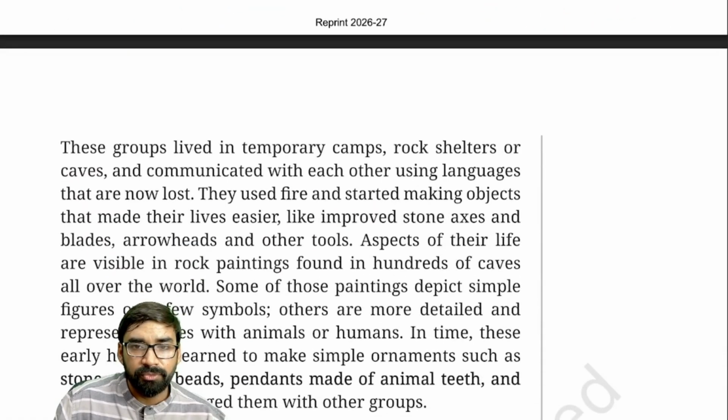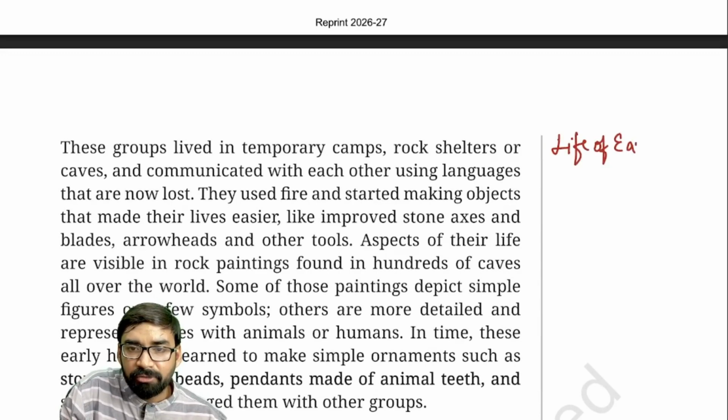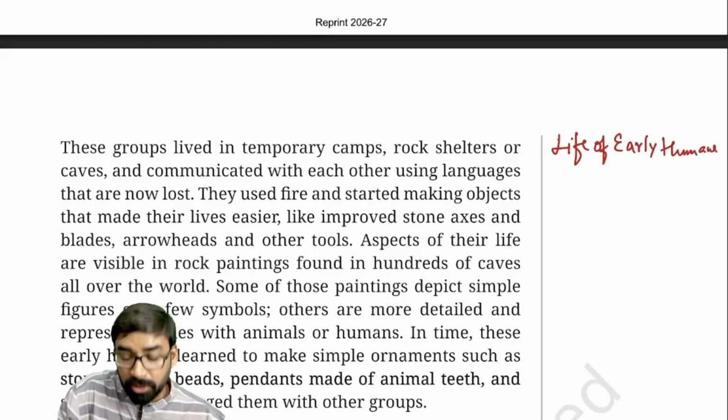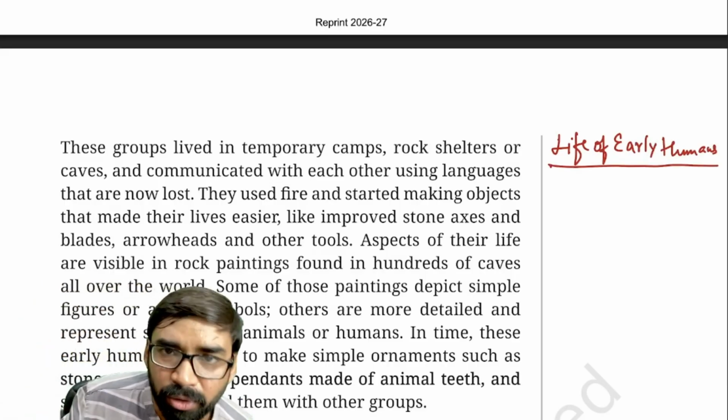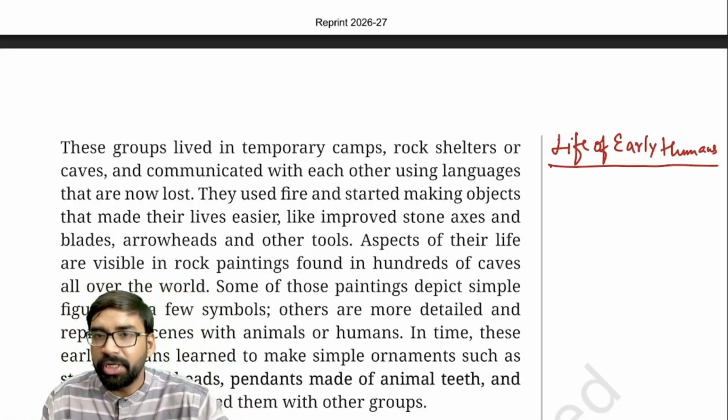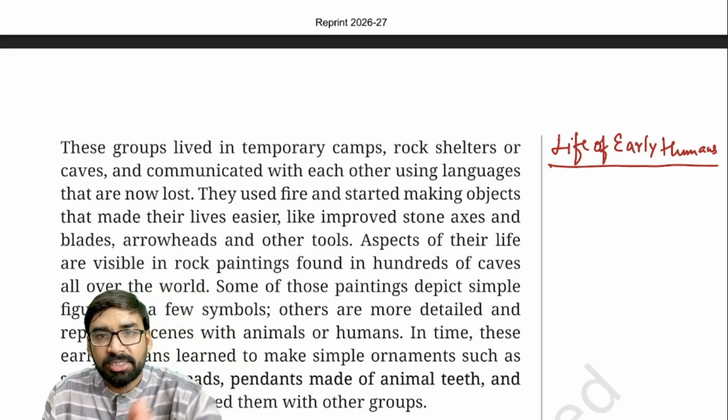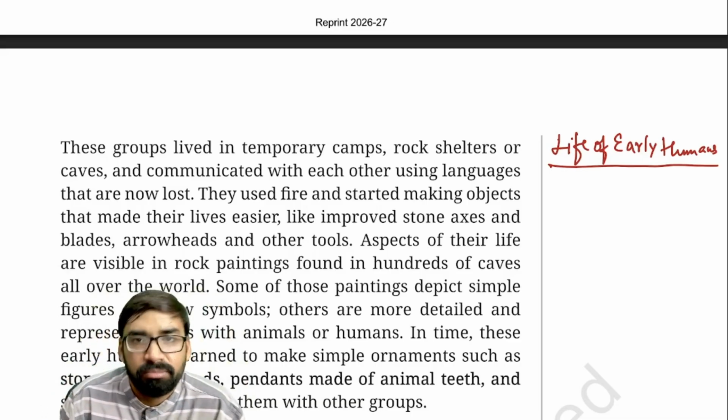Okay. So now we are going to discuss the life of early humans. This paragraph is related to the life of early humans. Now, I would like to give you certain points, only those points are important. After that, there is no need to read history. Just jot down all these important points.